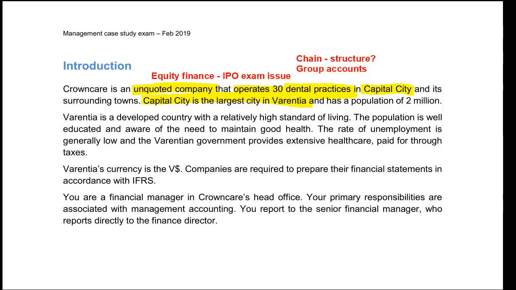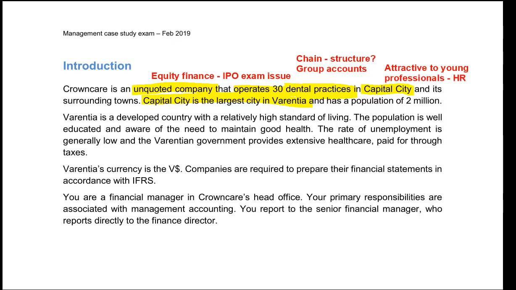Now, that's particularly relevant when we think about dentistry. It's quite a highly skilled profession, so the fact that they're in the largest city in Varentia means that while staffing could become an issue with the skills required, they're going to have ample resources available to them in the form of young professionals in Capital City.